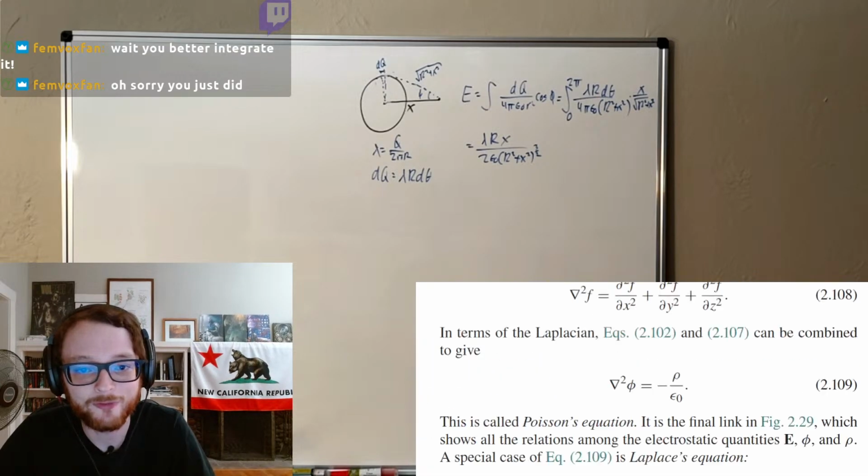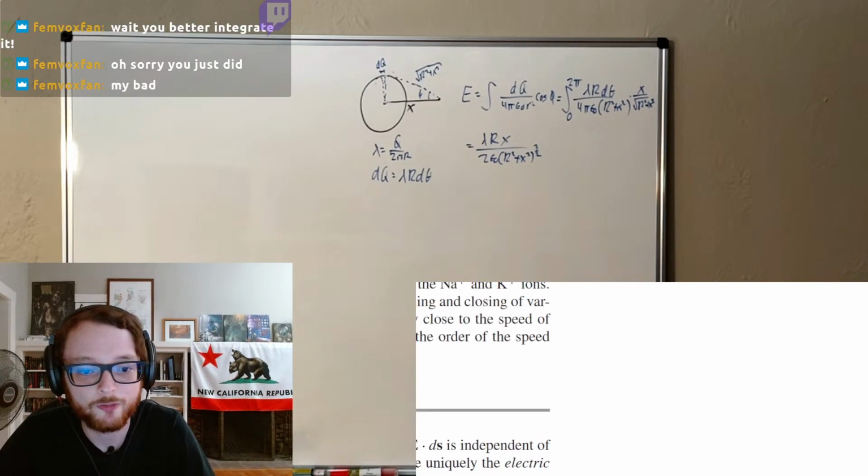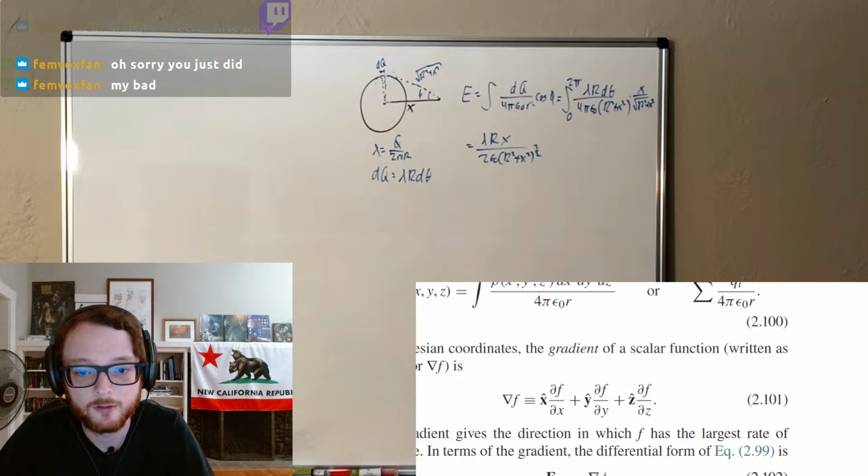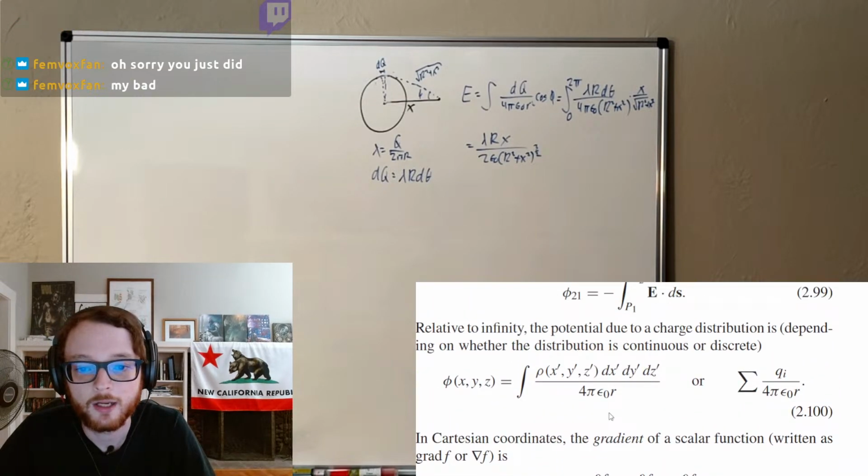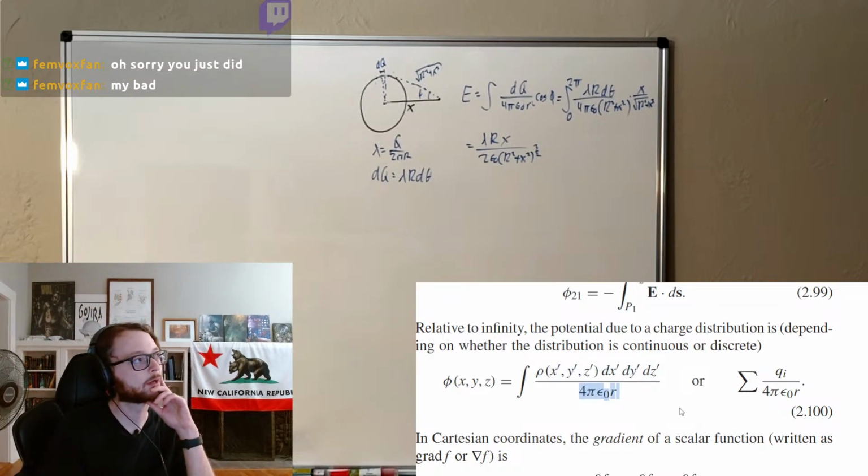I think the formula is nearly the same, but you have just over R. If we're using this formula here, except in cylindrical, or, well, polar, I guess.